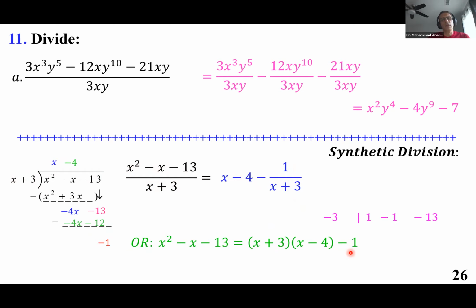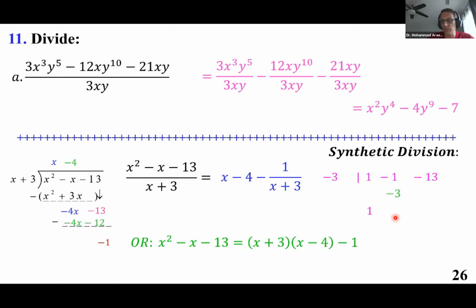Here's what you do. You write the coefficients, 1, negative 1, negative 13. And if anything is missing, you have to put a 0. Because we are dividing by x plus 3, you put negative 3. If we were dividing by x minus 3, we would put positive 3. We drop the first number. Then we multiply these two and we put it here, becomes negative 3.